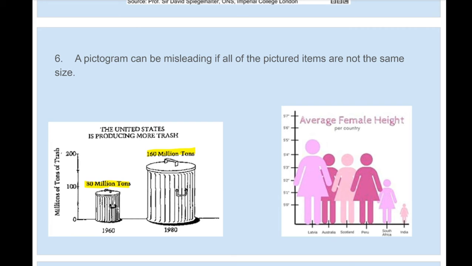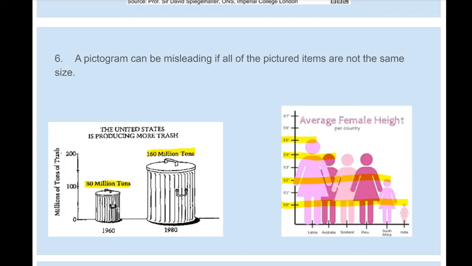Fair enough. If we look at the average female height though, looking at the maximum, we see it's at 5 feet 5 inches. But if we look at the second one, 5 feet 4 inches, it looks like quite a drastic drop. Even down to 5 feet 2 inches, or 5 feet in general, it looks like quite a large drop between the different countries.